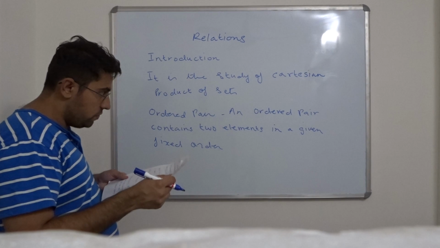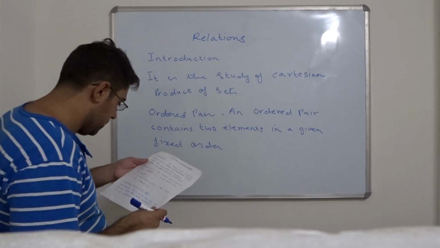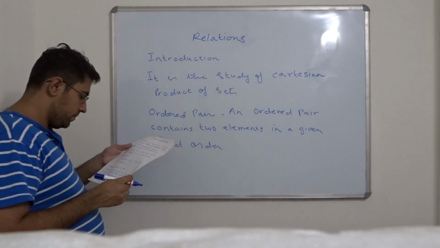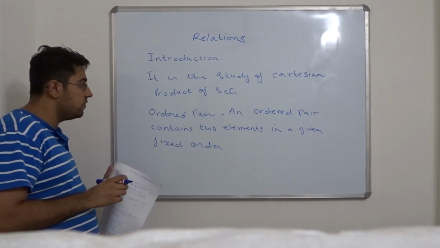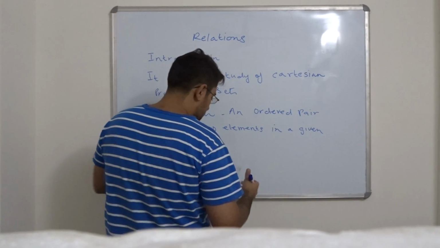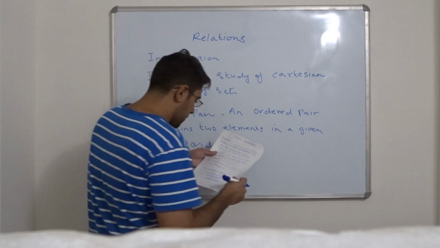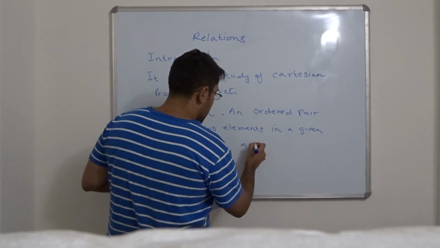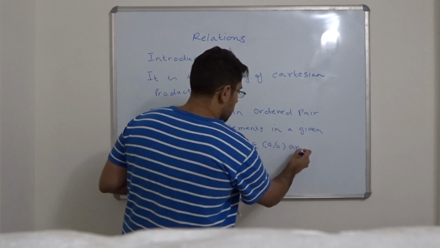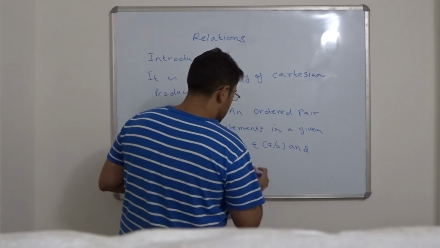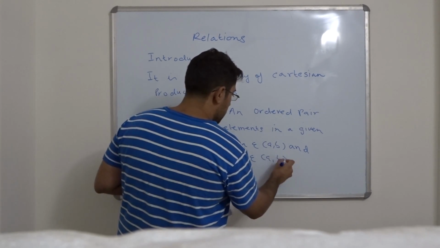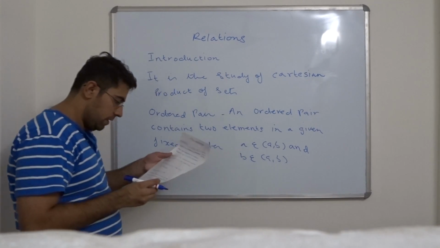Let me give you an example, guys. Let's say A is an element of AB and B is an element of AB.